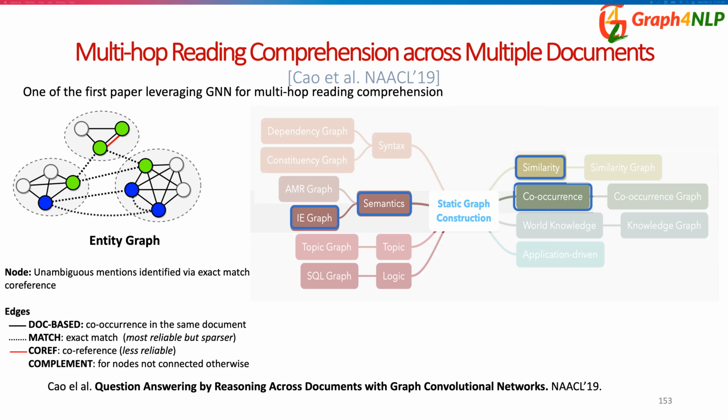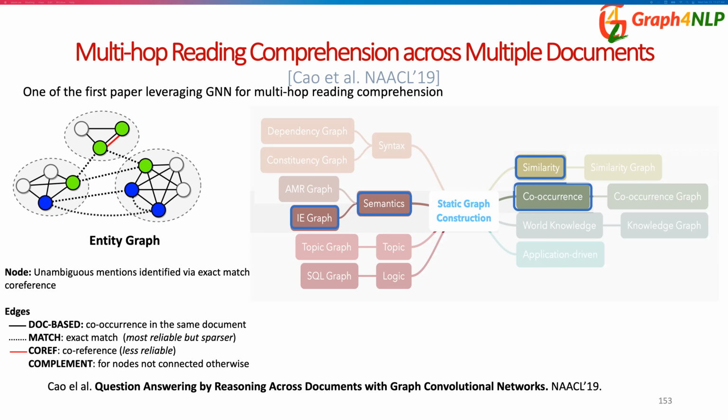The edges are the solid black ones that are document-based. That basically means the 2 nodes co-occur in the same document. Then there is also a dotted line edge that means these 2 entities are an exact match. This is a very reliable way to say these 2 may refer to the same entity, but it is a very sparse way to identify entities that refer to the same thing.